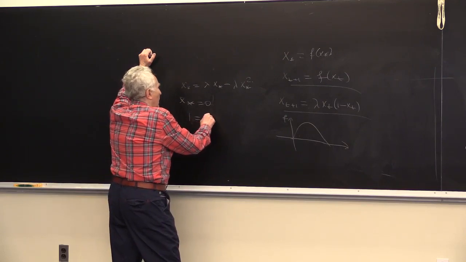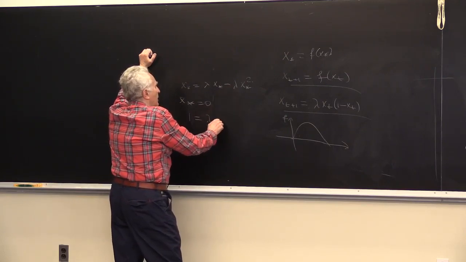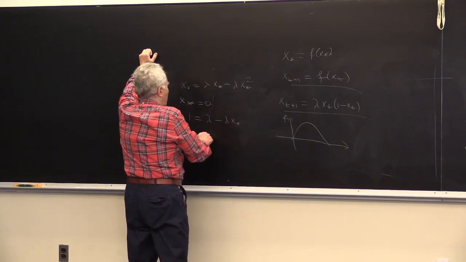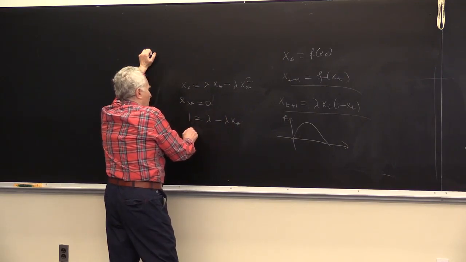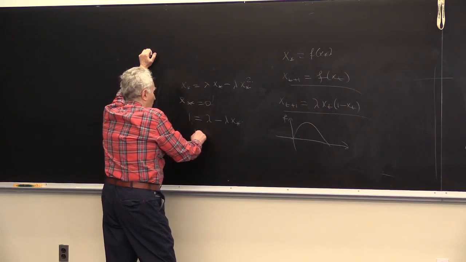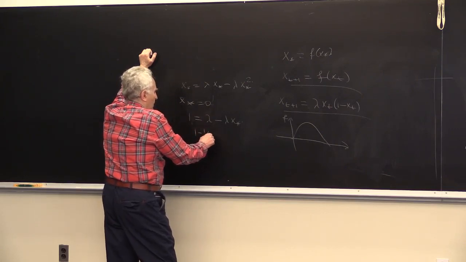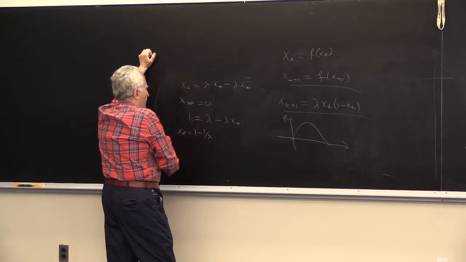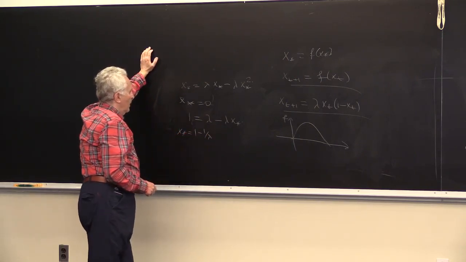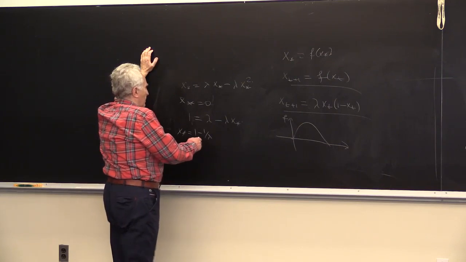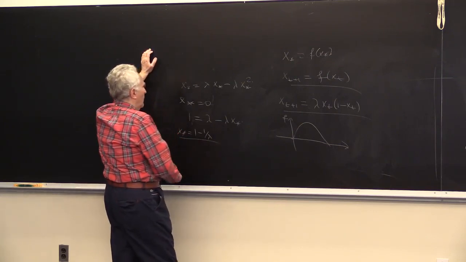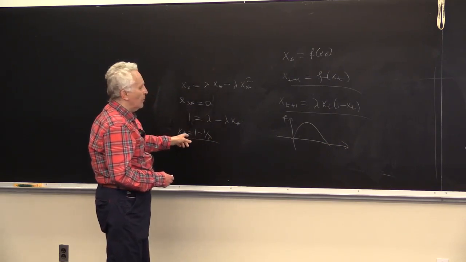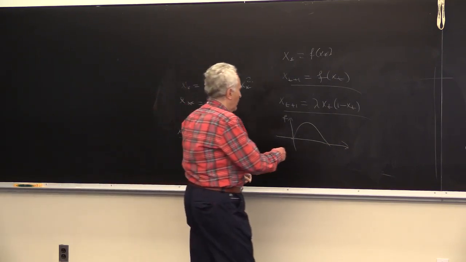Let's divide by x star. We get 1 equals lambda times (1 minus x star), so we get x star equals 1 minus 1 over lambda. Am I right? Yes. And that will be the other fixed point which we will be concerned with.